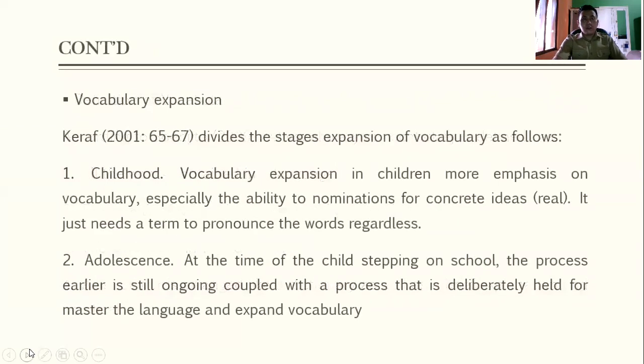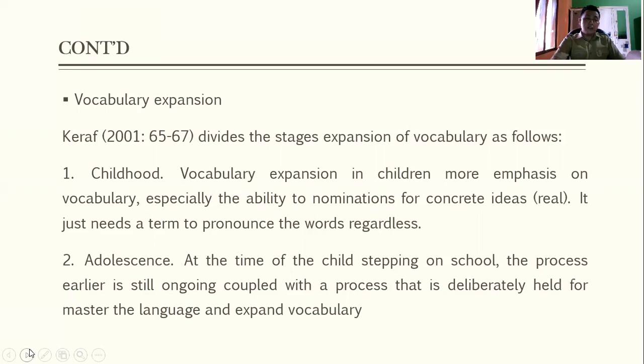Then vocabulary expansion: according to Kiraf, the stages of vocabulary expansion are as follows. In childhood, vocabulary expansion emphasizes vocabulary, especially the ability to name concrete ideas; it just needs a term to pronounce the words.